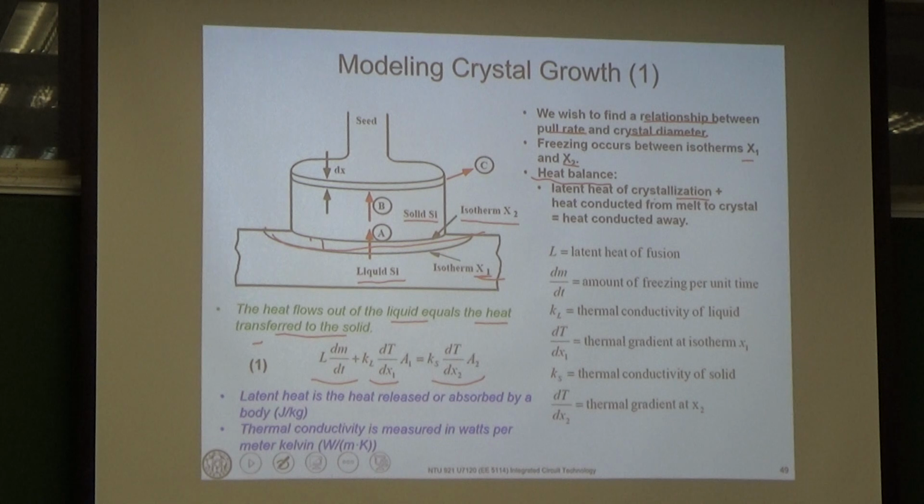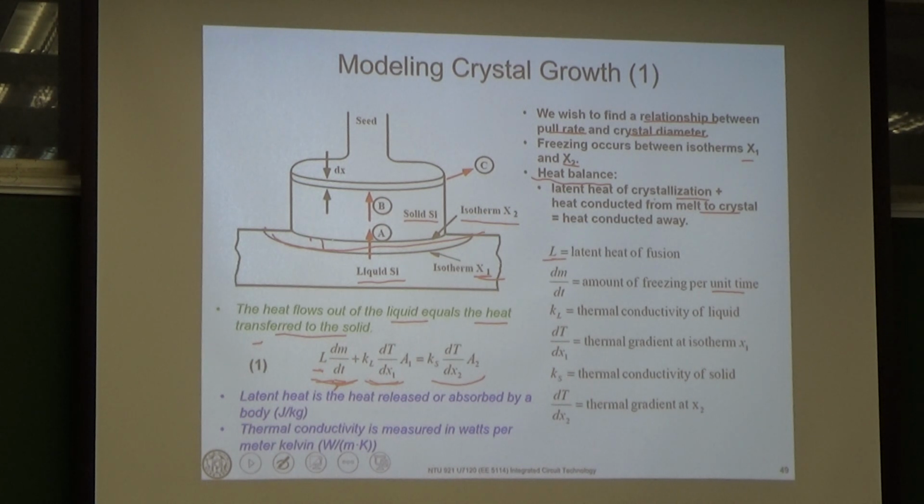The first one is the latent heat. We have a latent heat of fusion L, which is a constant, and dm/dt equals the amount of freezing per unit time. The second term on the left-hand side of this equation equals the heat conducted from melt to crystal.